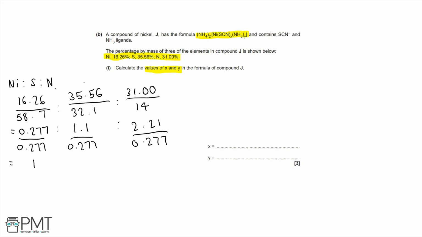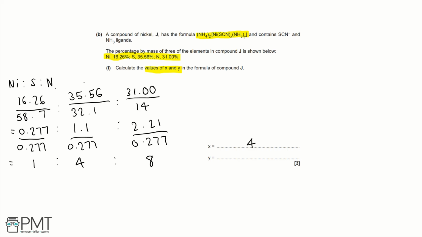So this equals 1 to 4 to 8 as the ratio of nickel to sulfur to nitrogen. So then we know that X is going to be equal to 4, because the only place we have sulfur is where X is, and there are 4 sulfurs, so X must be 4.